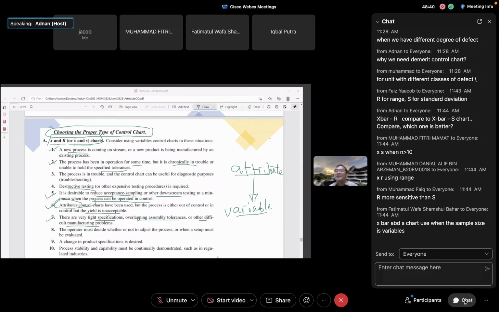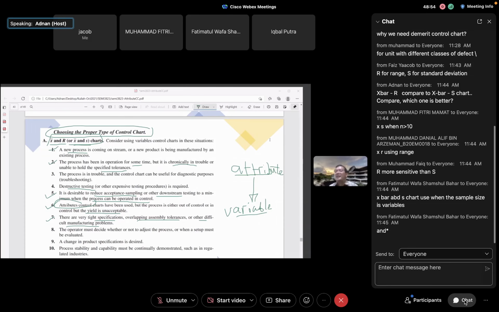No, not really. S is actually more accurate. S stands for standard deviation. You take more samples. Don't confuse comparing X and R. Now we are comparing X and R as a couple. Normally we are measuring both the mean and the dispersion. X bar monitors the mean, R monitors the dispersion, which is the range.